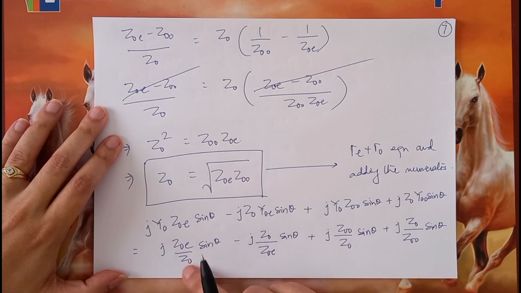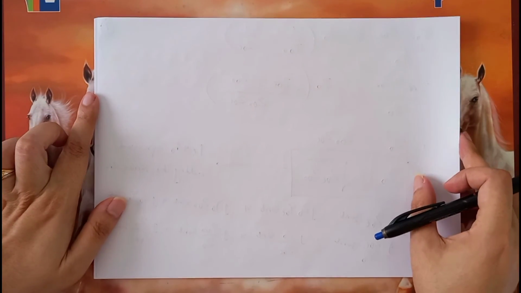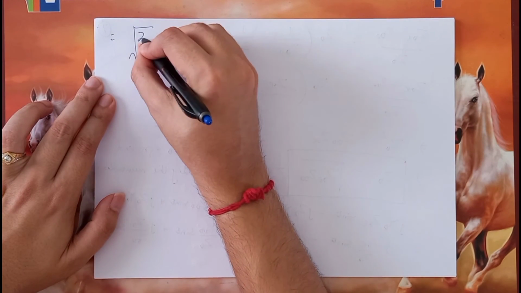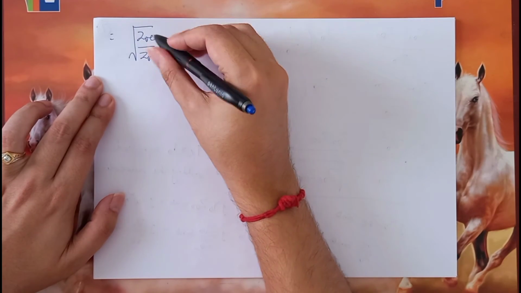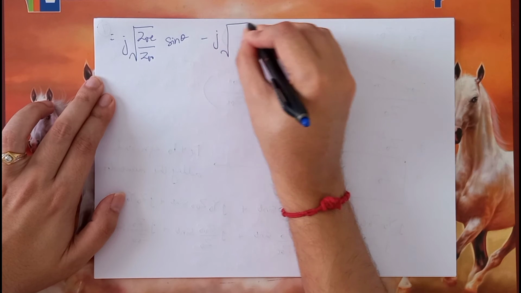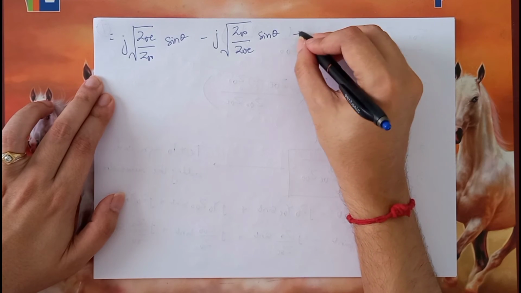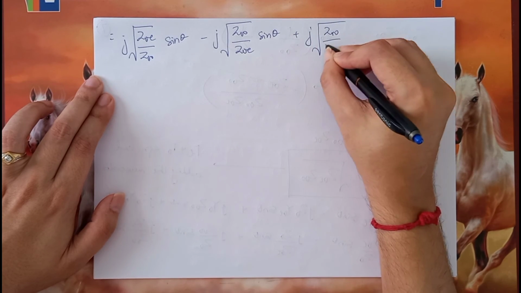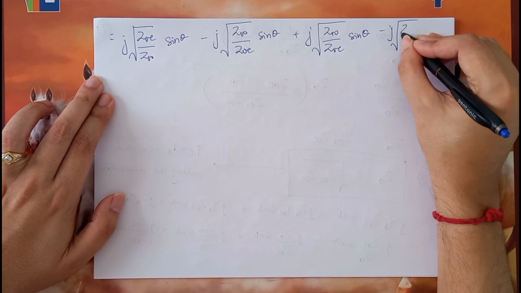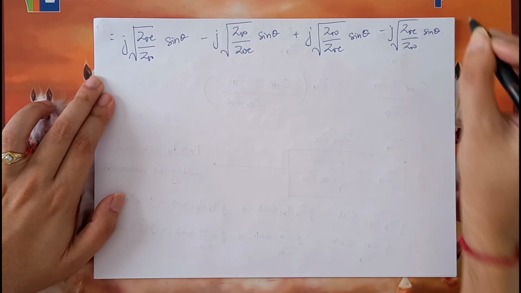So wherever Z0 is, we will substitute. Then what we will get is this: root of Z0e by Z0o times sin theta, the j will be there, minus j root of Z0o by Z0e sin theta plus j root of Z0o by Z0e sin theta minus j root of Z0e by Z0o sin theta.